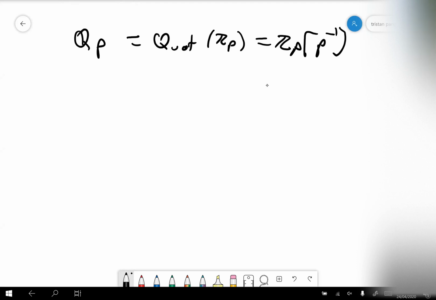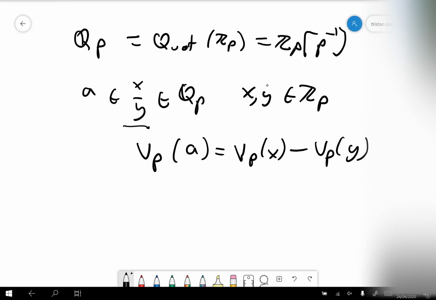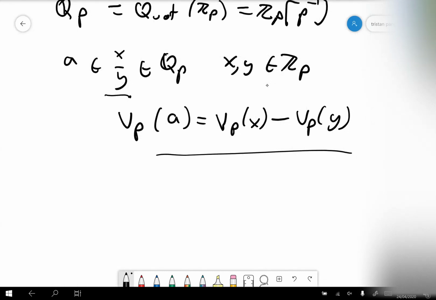A number in the P-adics will look like a fraction, where x and y are both in the P-adic integers, and then we define the valuation in the natural way. The valuation v_p of a is the difference between the valuation of x and the valuation of y. And note that this doesn't depend on the representation of the fraction.